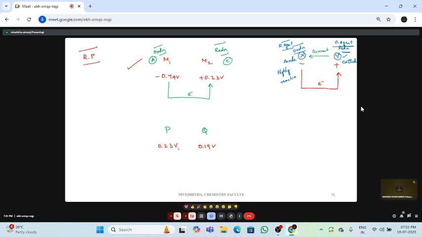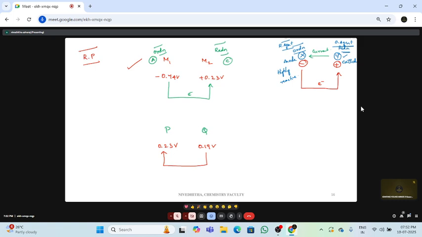So in such cases, you have to visualize electron flow like electron will be moving from lower value to higher value. Initially I told electron will be moving from negative terminal to positive terminal. So basically negative terminal is considered the lower value, and positive terminal the higher one. So here electron will be moving from which metal to which metal? Metal Q to metal P. That's it. So electron will be moving from Q to P.